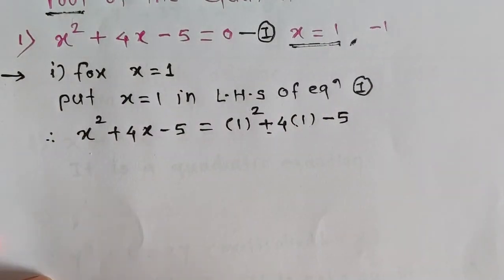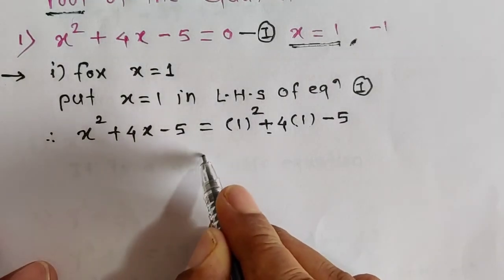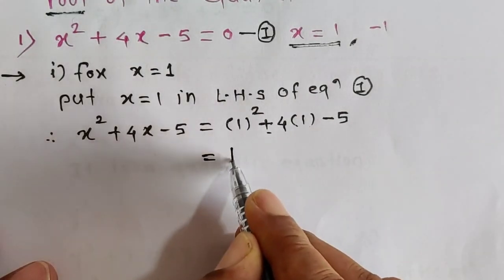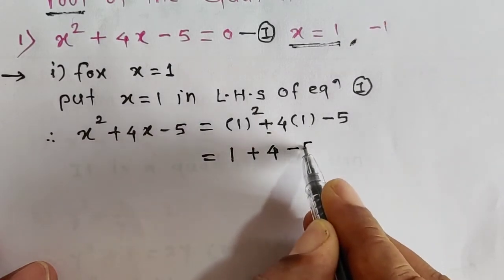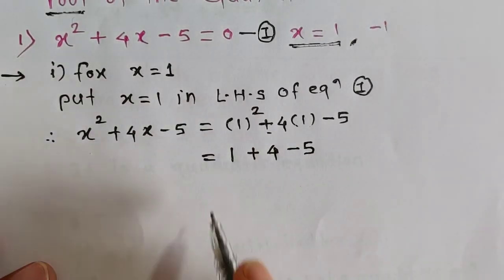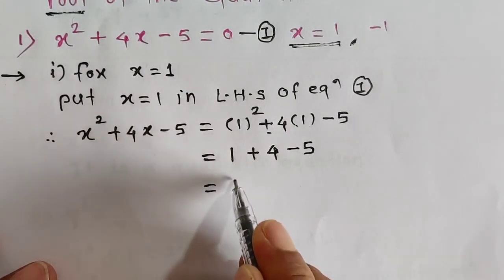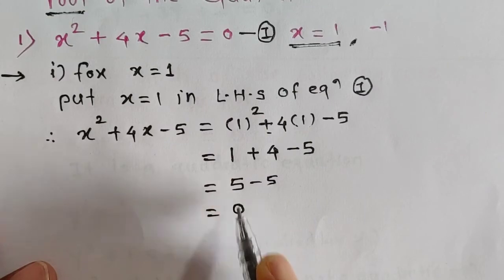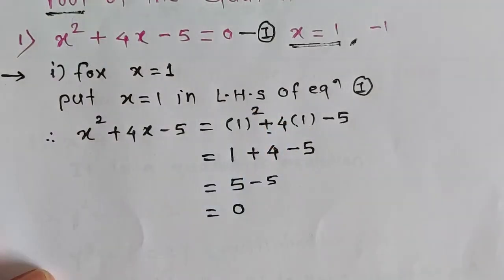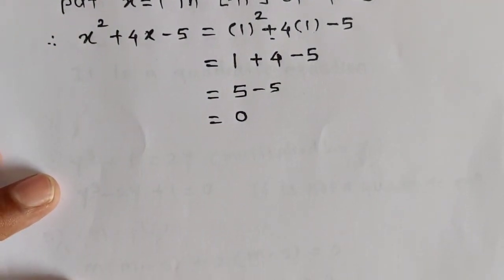Whenever you write is equal to 0, your marks become 0. Then simplify. 1 square is 1 plus 4 ones are 4 and minus 5. Simple mathematics is there. 4 plus 1, 5 and minus 5 is equal to 0, which is equal to right hand side.